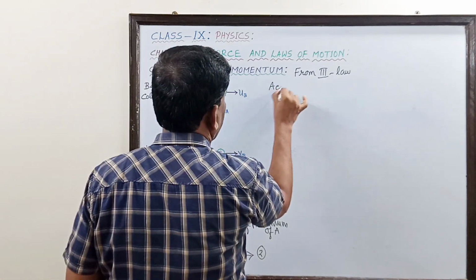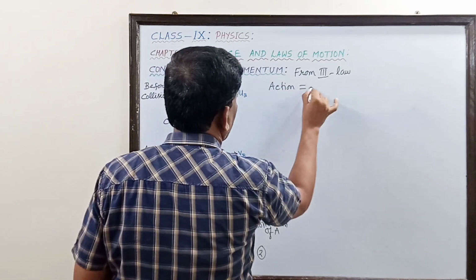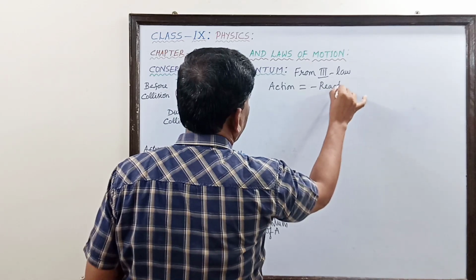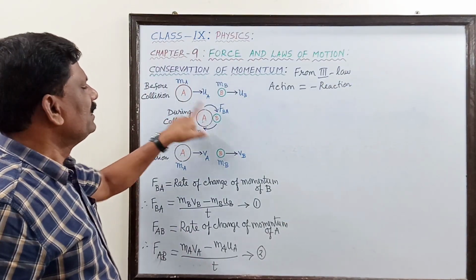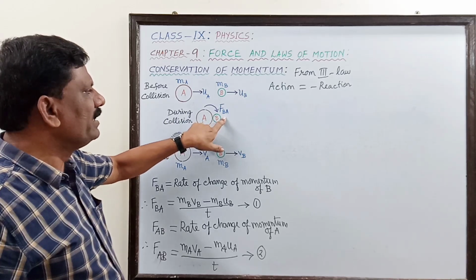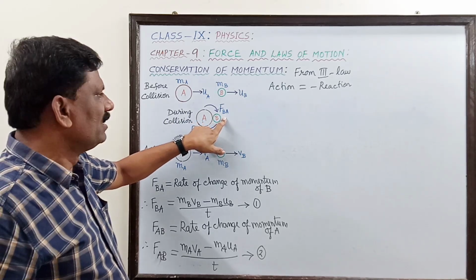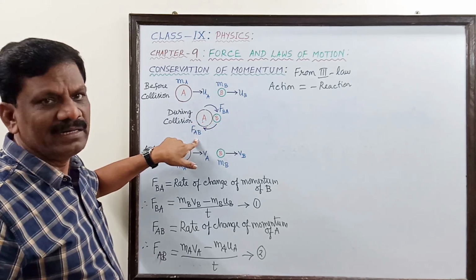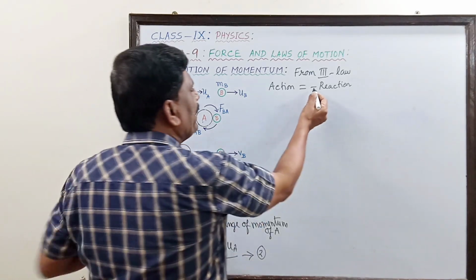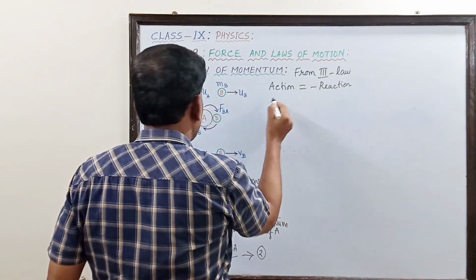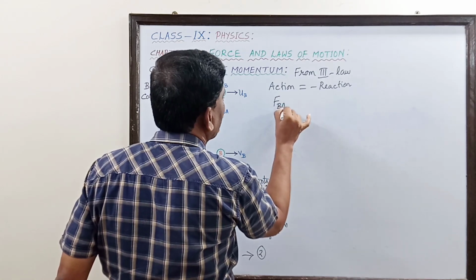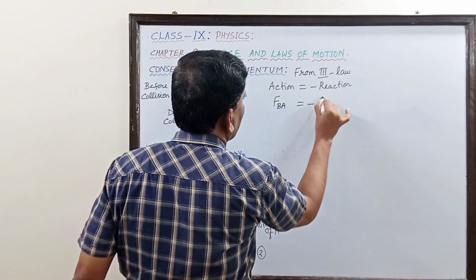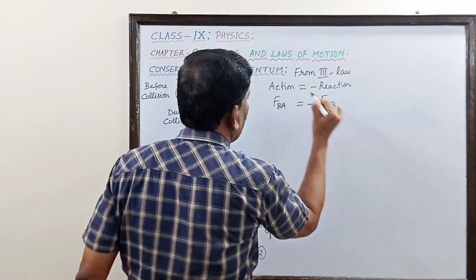So I will write action force is equal to minus of a reaction force. Now here FBA is called action force and FAB is called reaction force, but with a negative symbol. So action force is what? FBA. So FBA must be equal to minus of FAB.